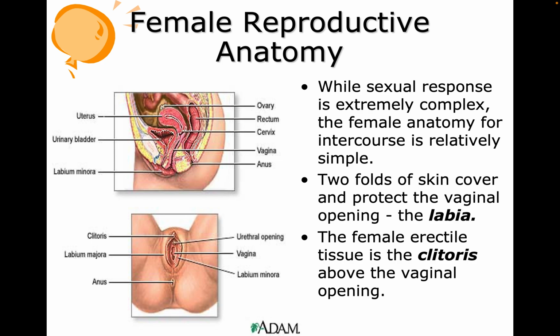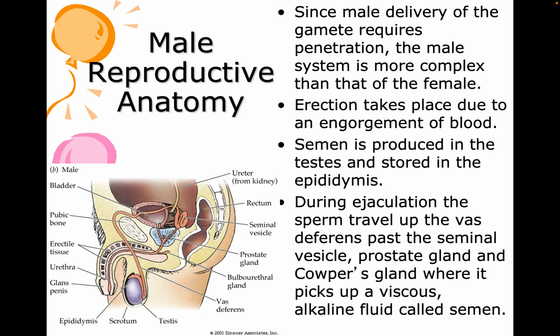Of course, the female clitoris is much smaller than the human male penis. Since male delivery of the gamete requires penetration, the male system is more complex than that of the female.